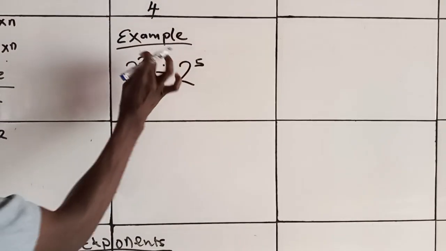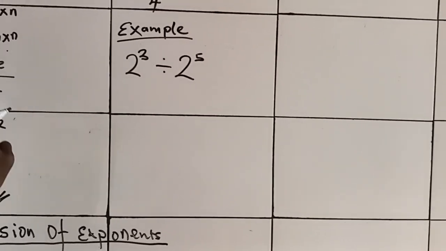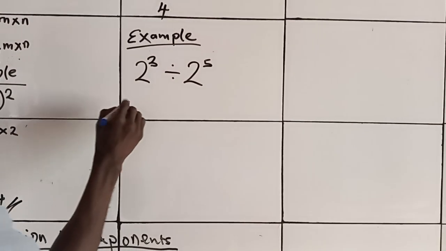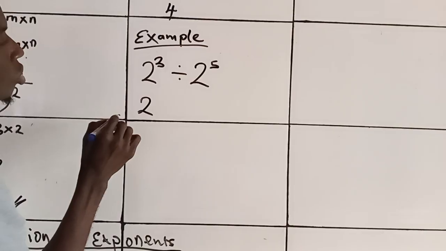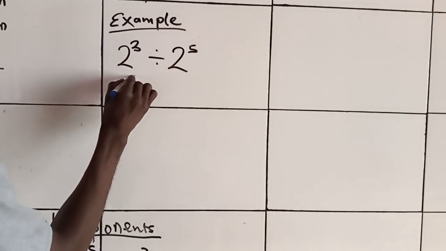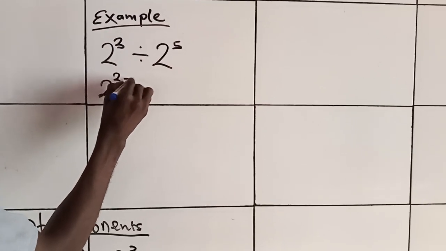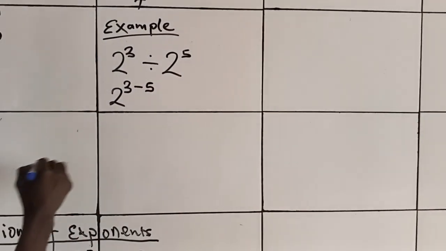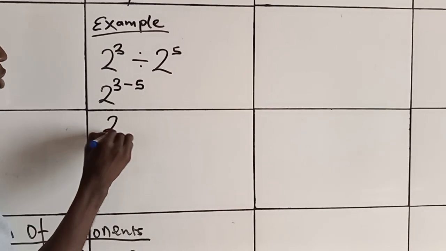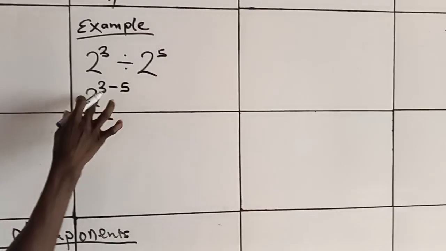You see that this one will give us a negative exponent already. So what are we going to do? This is going to be 2 raised to the power of 3 minus 5, so we are having 2 raised to the power of minus 2.